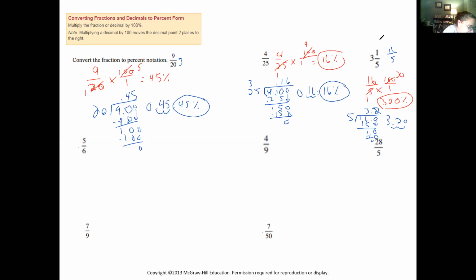Okay, for 5/6. 6 divided by 2 is 3. 100 divided by 2 is 50.